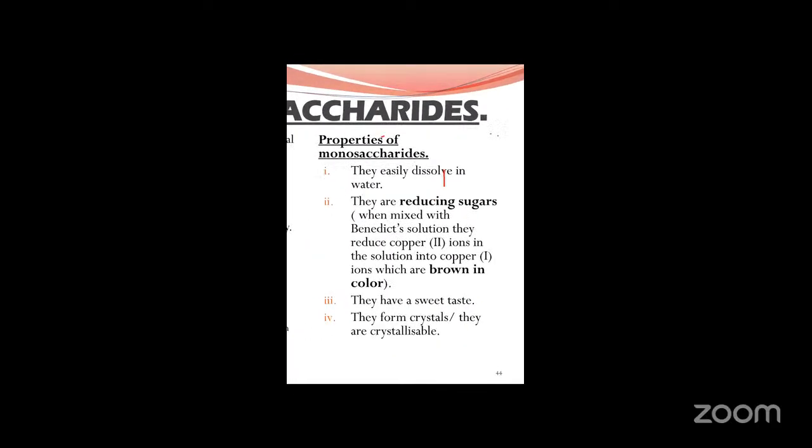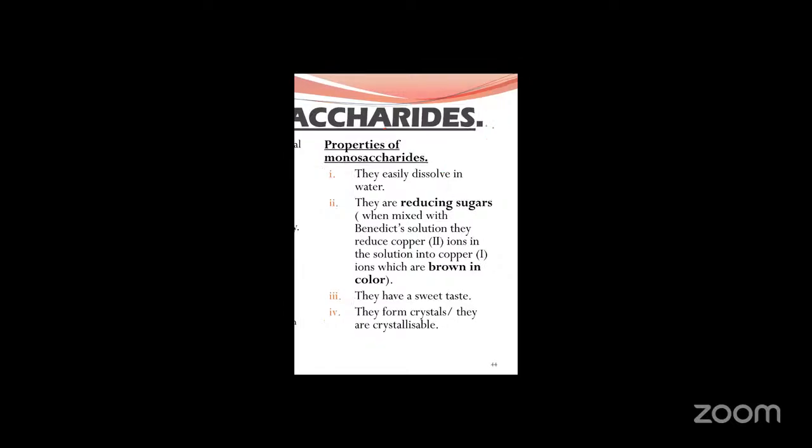Properties of monosaccharides. Properties basically means characteristics. So how will you know that this is a monosaccharide? Like for example, ukipewa kitu na uambiwe determine whether this is a monosaccharide. Umeenda tu ukapewa tu a substance na mtu akakwambia how do you determine or kindly determine whether this is a monosaccharide.